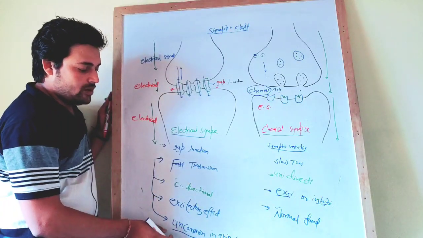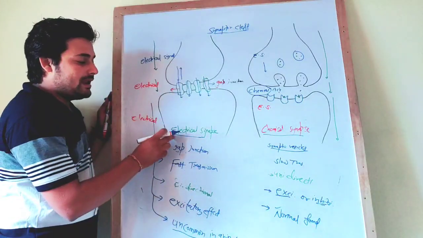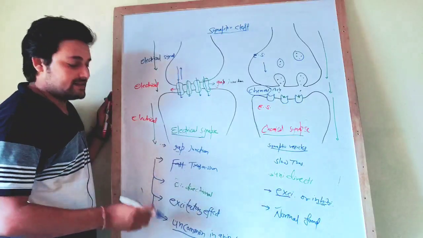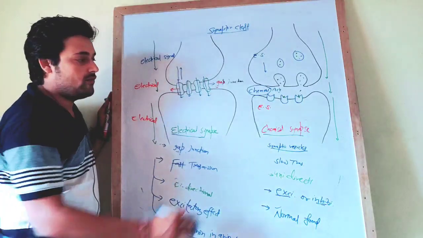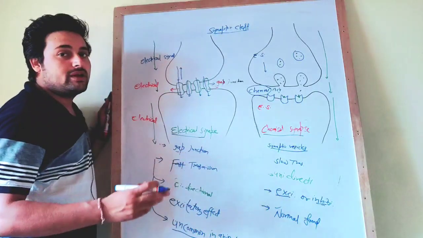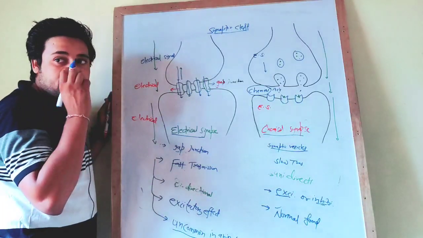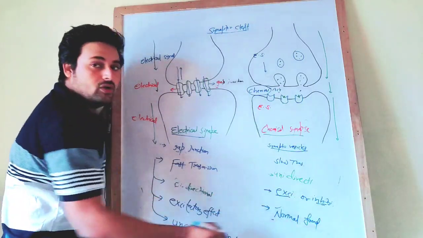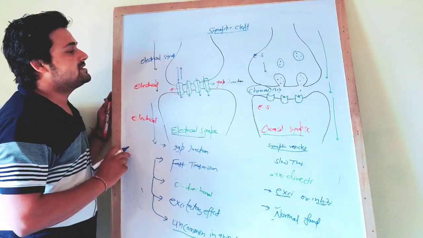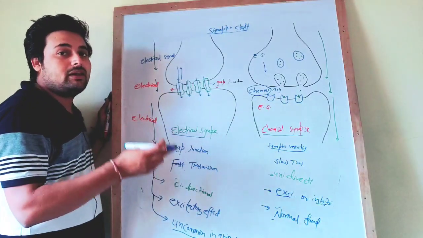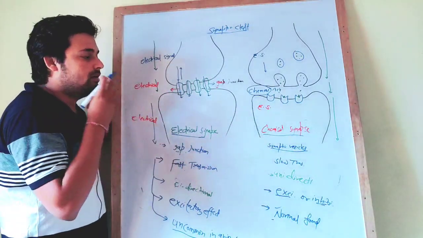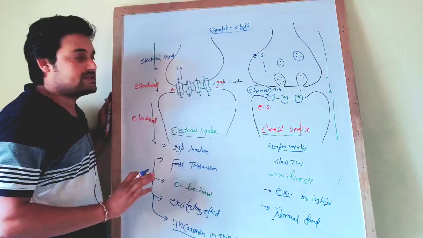If you talk about which one is uncommon, electrical synapse or electrical transmission is very uncommon in animals, while chemical synapse or chemical transmission is very commonly found in animals. So this is the basic differentiation between chemical and electrical transmission.